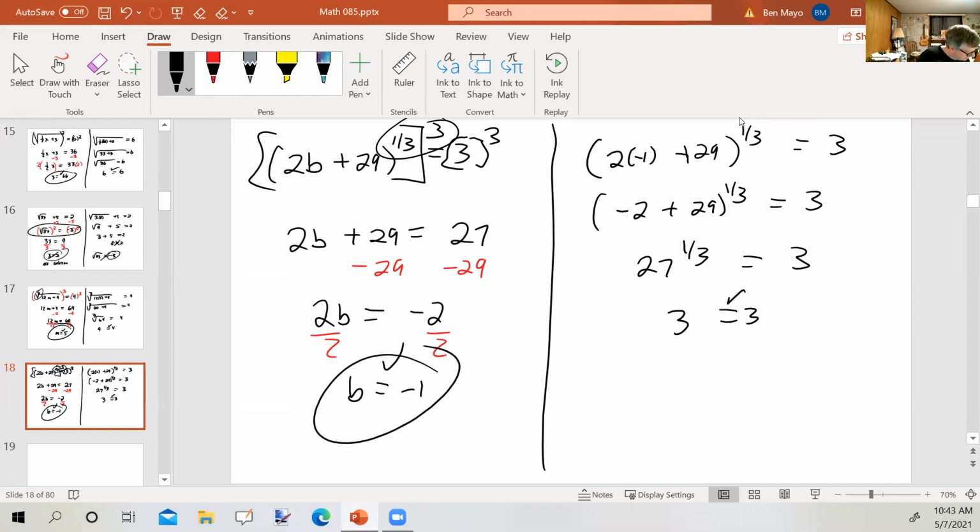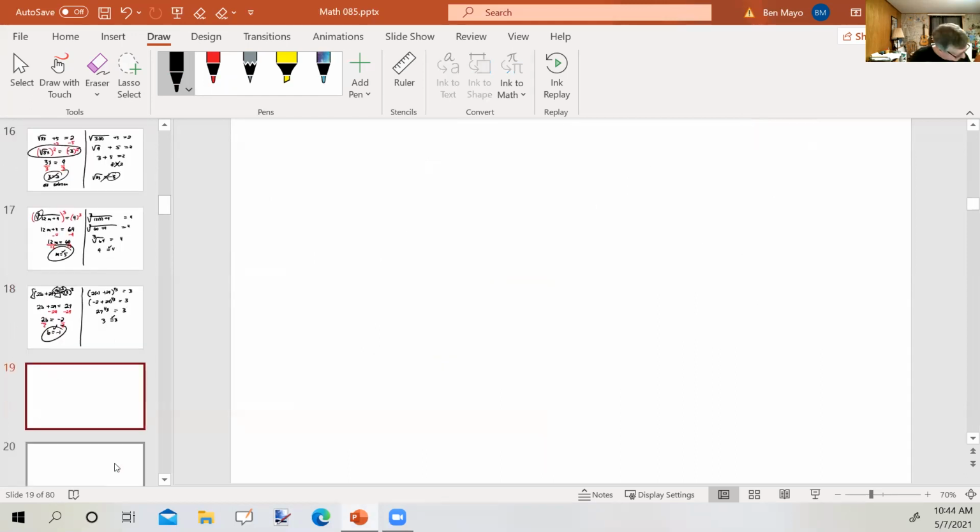Okay, now, let's see. This says, let f of x equal the cube root of 3x minus 6.